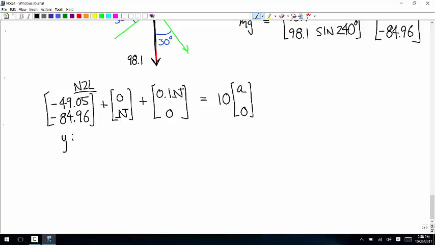So the y equation says negative 84.96 plus n is equal to 0. So n is equal to positive 84.96.